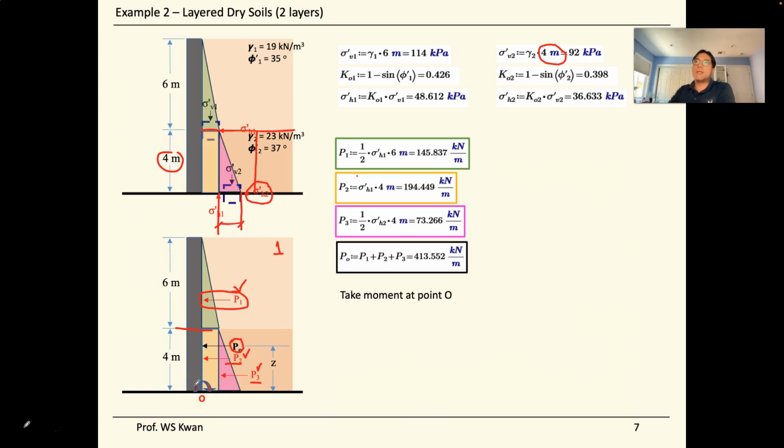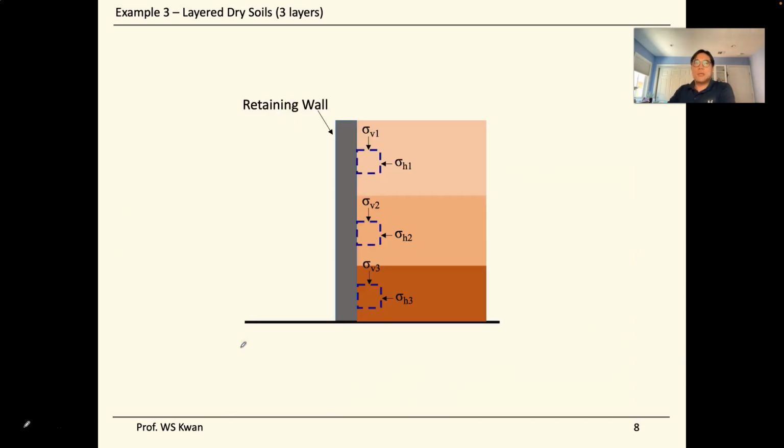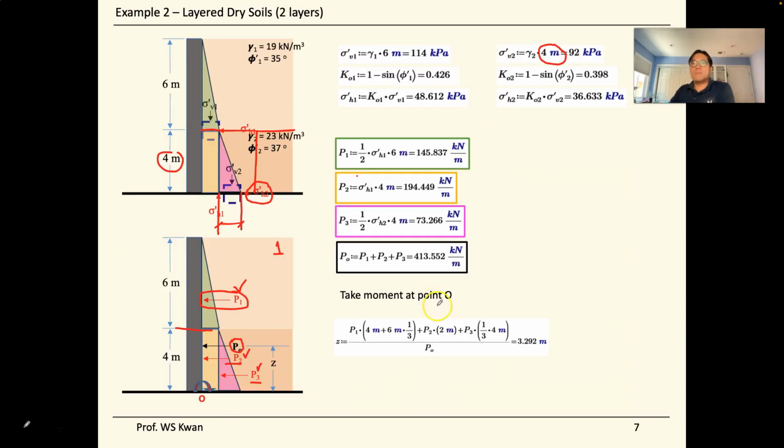So if we take moment at point P, we have the three forces from P1, P2, P3 pointing to the left, and they create a counterclockwise moment.